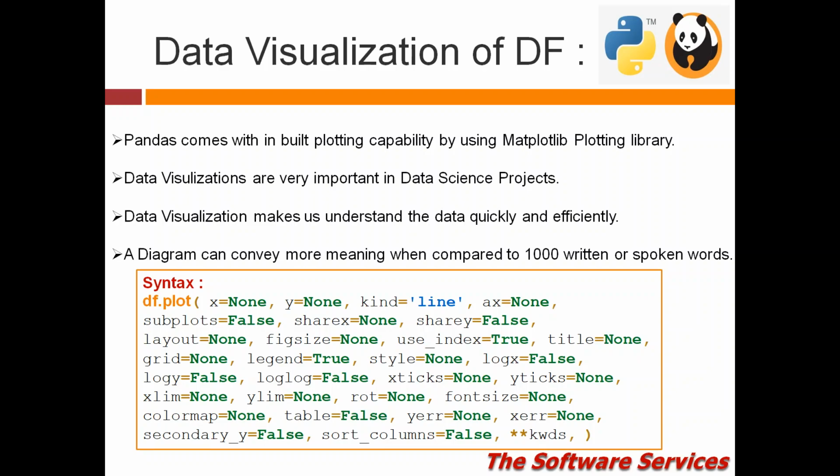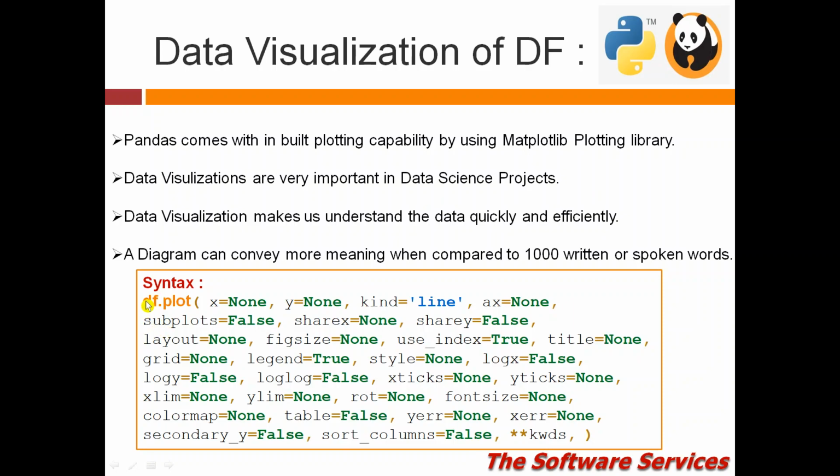That is the power of a diagram. With a diagram, a human mind can understand much more. Images are understood much more easily than spoken words or written statements. That's why plots and visualizations play a very vital role in data science projects, friends.